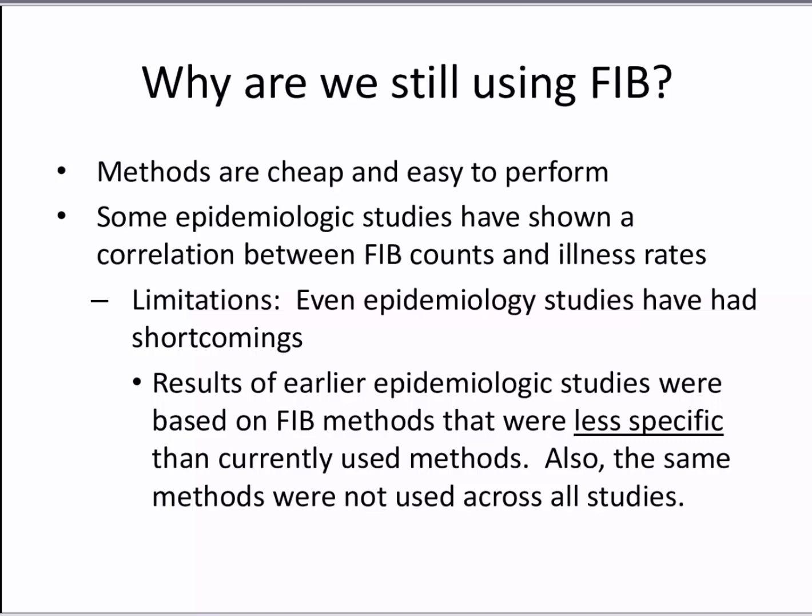Results of the early epidemiologic studies were based on FIB methods that were actually less specific than the currently used methods. So, for instance, for Enterococci, we know that the methods used 20 years ago were very different from the methods we use today. And another thing is that across these different studies that have been done worldwide, the methods differ.